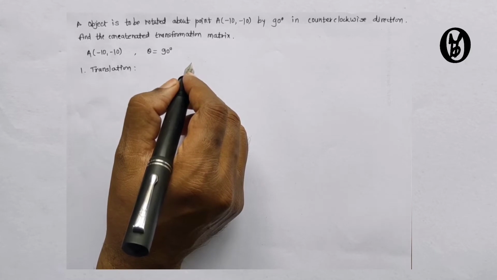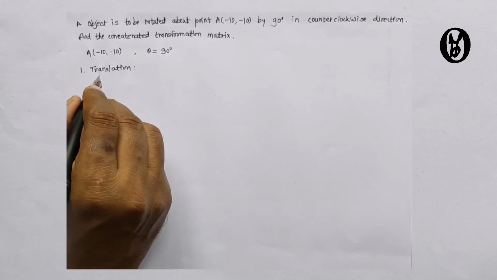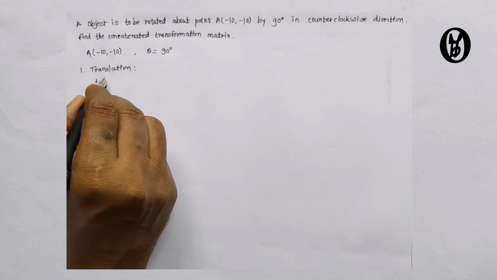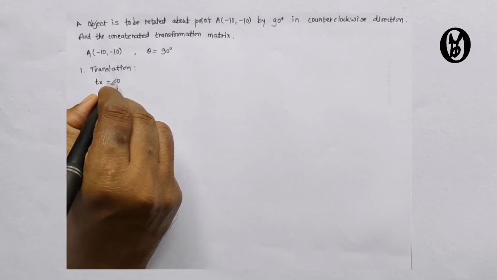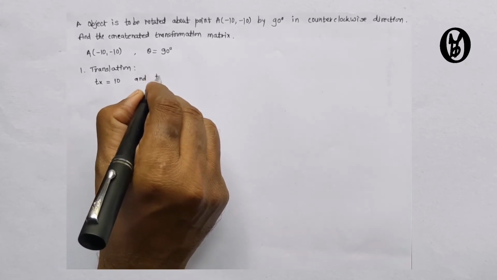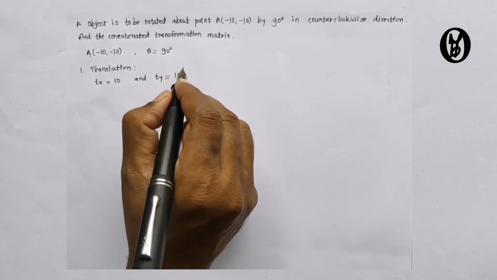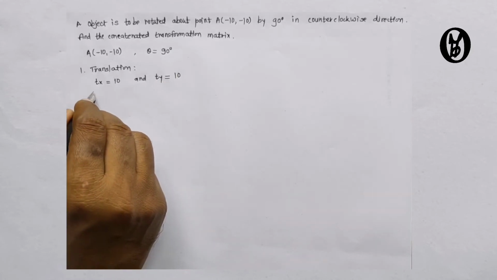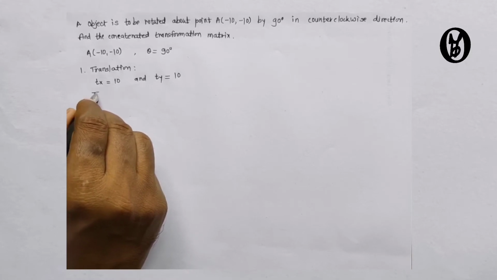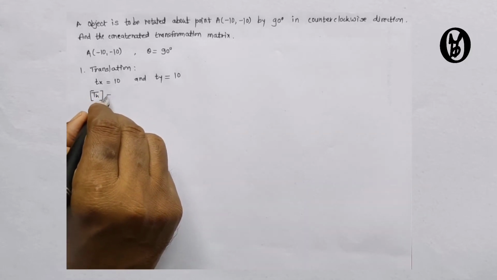To bring that point to the origin, we have to take the appropriate values for Tx and Ty: Tx equal to 10 and Ty equal to 10. With these values of Tx and Ty, we will convert the coordinates of point A to 0, 0.